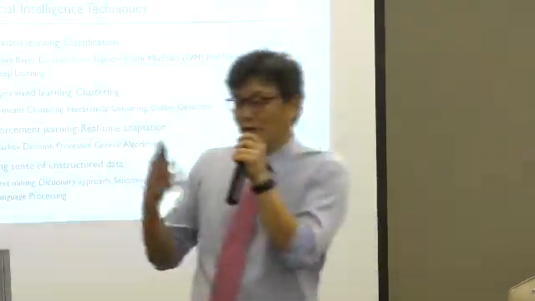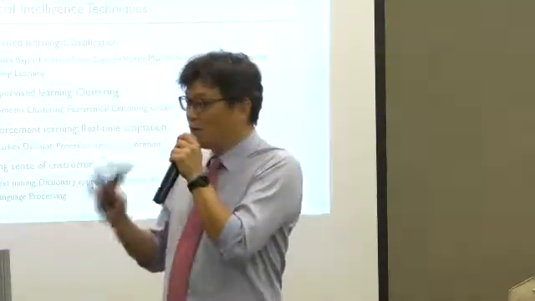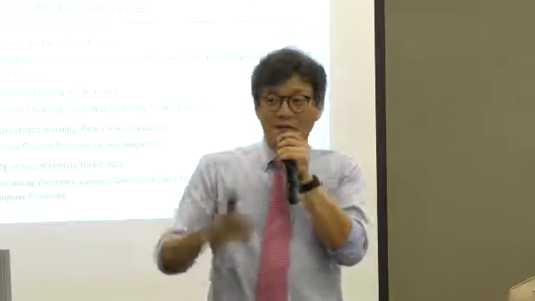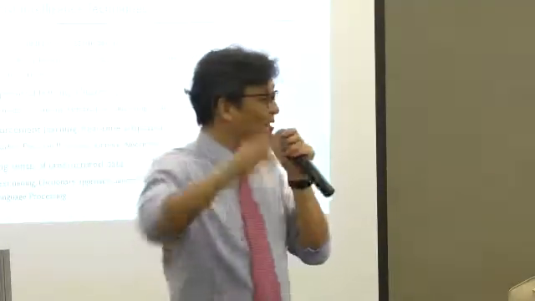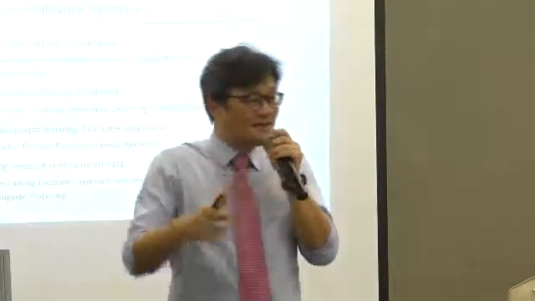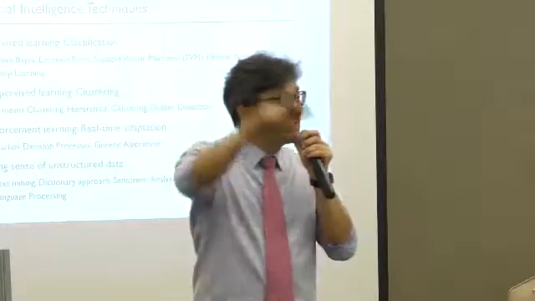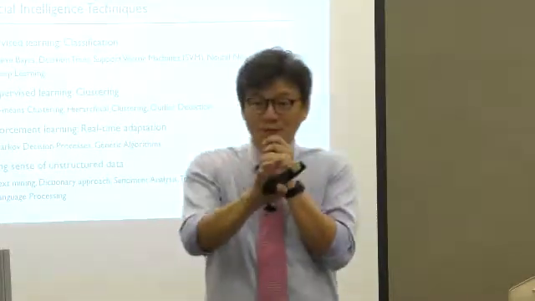Unsupervised learning is when we want to classify data, but we don't know how to classify. We don't know the dependent variable. We don't know the classes that we're classifying. So this is basically about slicing and dicing. We have a whole data set, and we want to find groups of data.